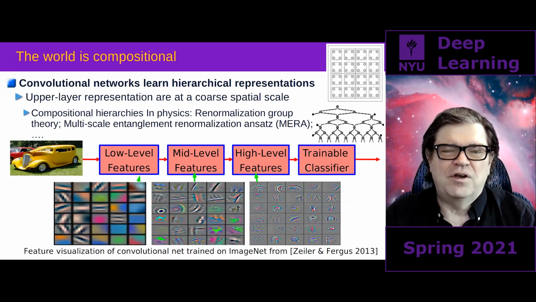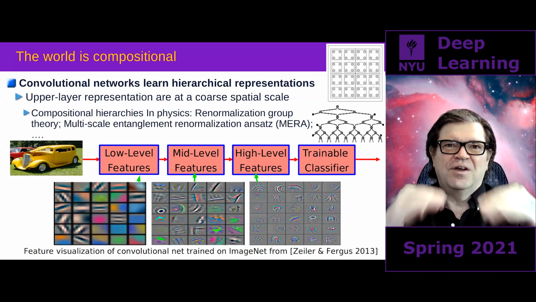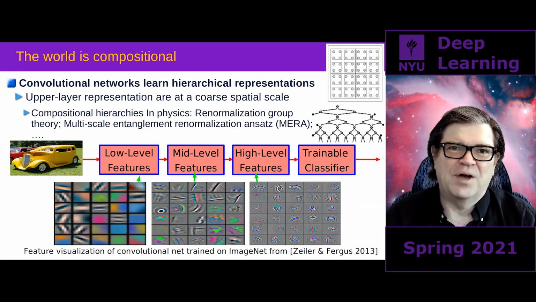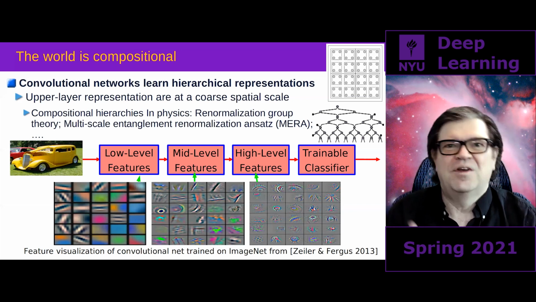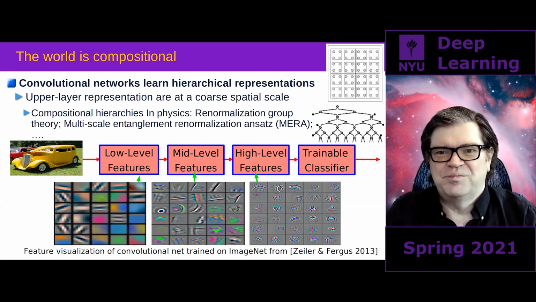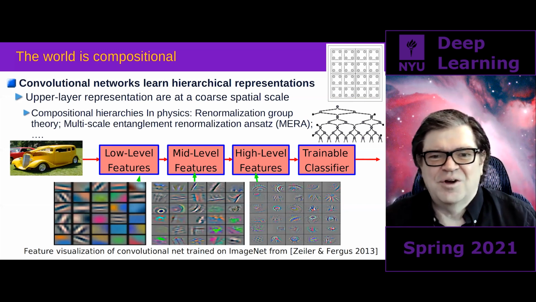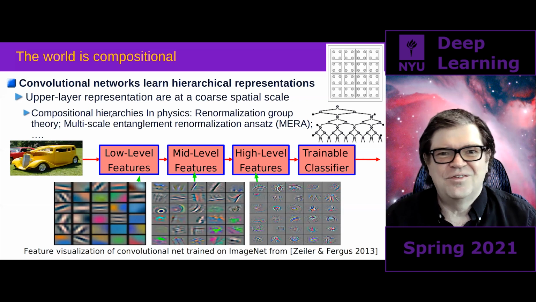But let's say elementary particles like quarks and bosons, and those assemble to form other particles like neutrons and protons, and then those assemble to form atoms, and then molecules, and then materials, and then parts of objects, collections of objects, and planets and scenes and things like that, right?